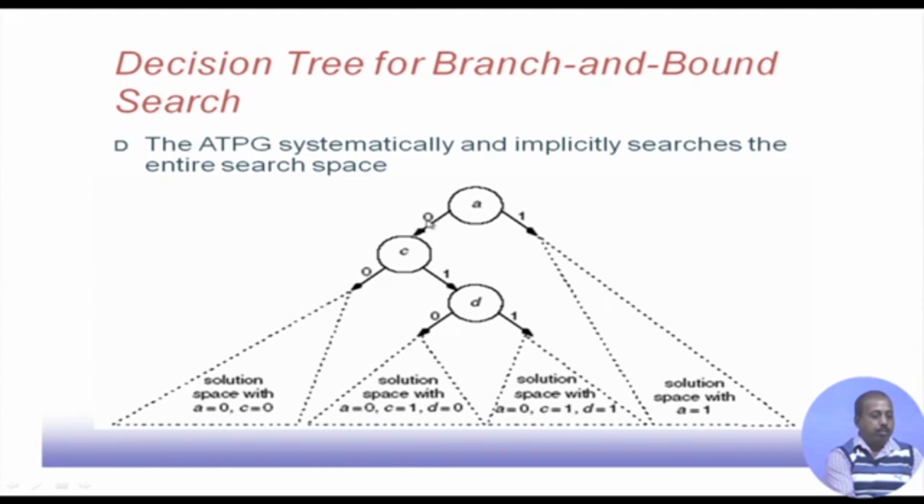After that, it may find that the next input is C, so it puts C equal to 0, and in the process it explores the part of the search space where A equal to 0 and C equal to 0. This part of the search space has all the solutions that can be obtained by setting A equal to 0 and C equal to 0. But it may so happen that for a particular fault, setting A equal to 0 and C equal to 0 does not lead to any test pattern.